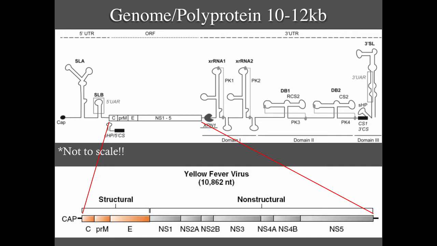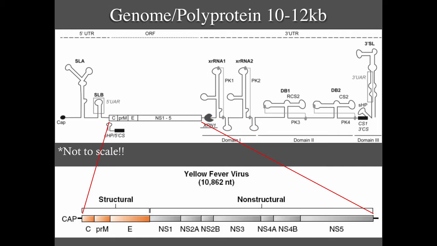Some of the sequence elements that are of note: there's actually a cyclization sequence, complementary sequences here in the 3' UTR and a sequence here in the 5' UTR, shown right here, implying that the virus actually circularizes when it comes in, and that's required for its replication.